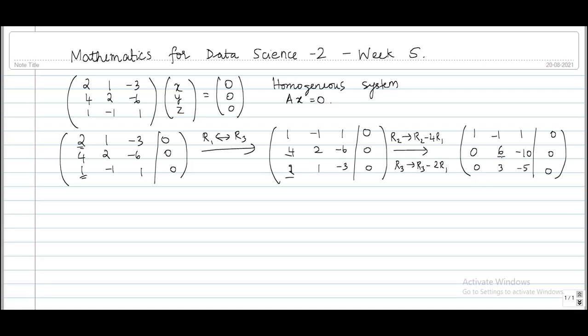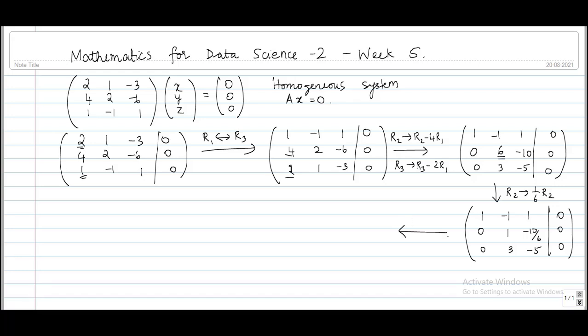So now this entry has to be made 1. So we'll just divide R2 by 6. The matrix that we'll get is 1, -1, 1, 0; 0, 1, -10/6, 0; 0, 3, -5, 0.